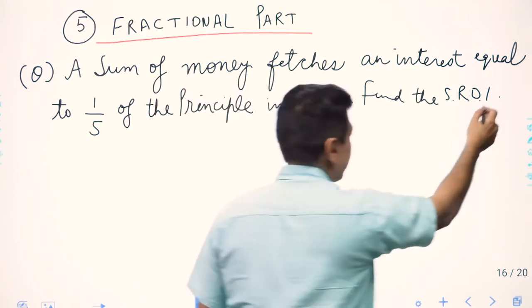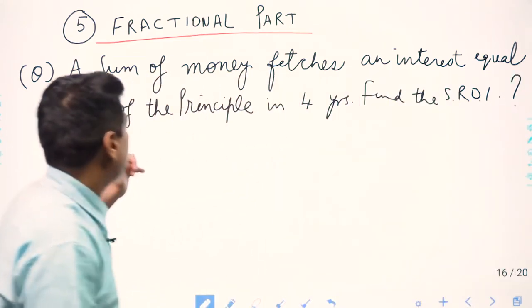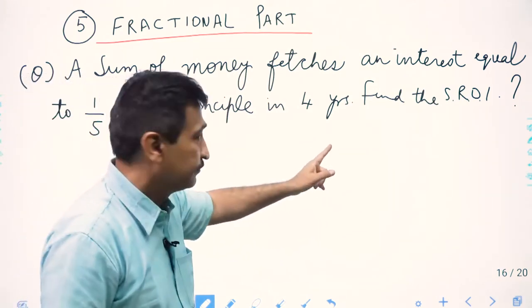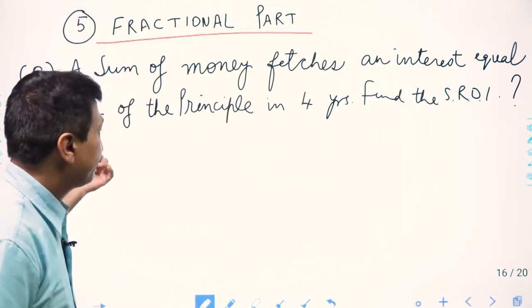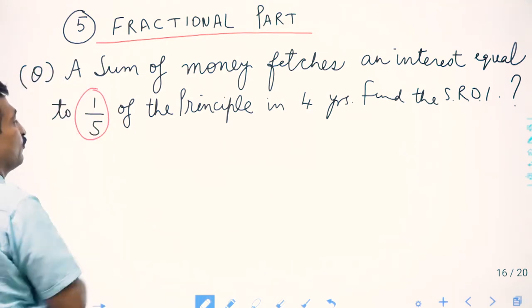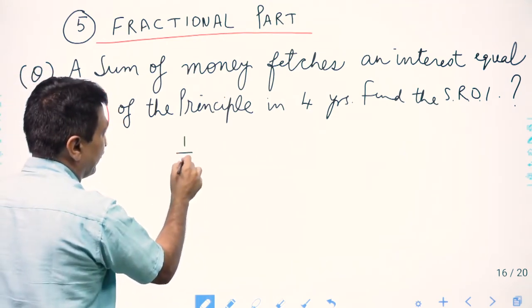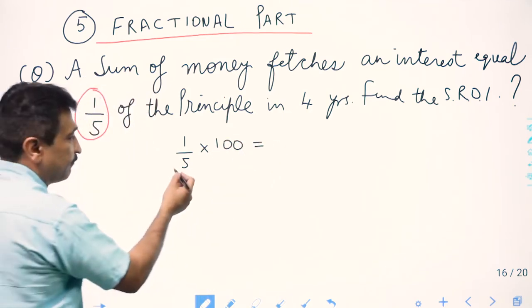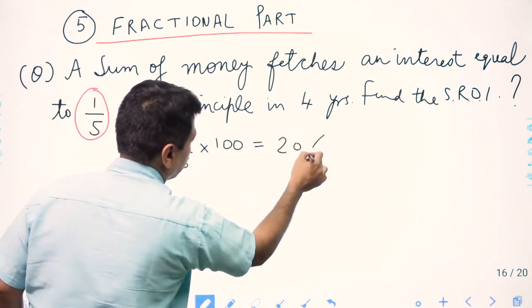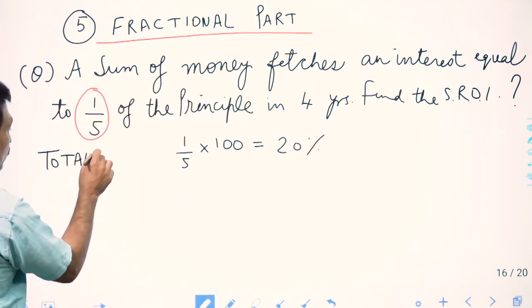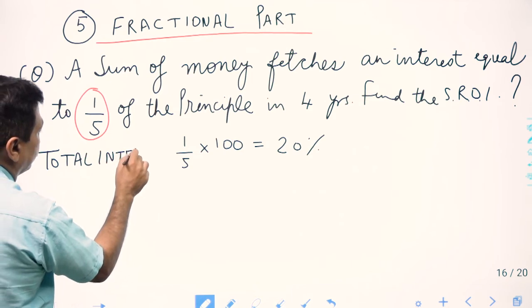Now the question says the simple interest accrued in 4 years is 1/5 part of the principal. Let us first convert this 1/5 into percentage. So 1/5 into 100, which is 5 2s are 10, 20%. And what is this 20%? This is your total interest.